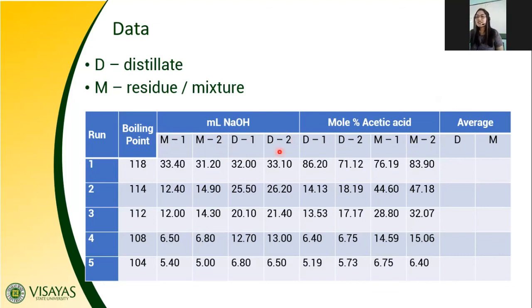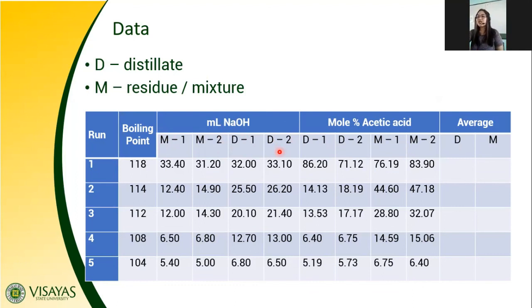After the distillation, in order to determine the concentration or the composition of one of its components, the easiest way is to get the percent of acetic acid through titration.